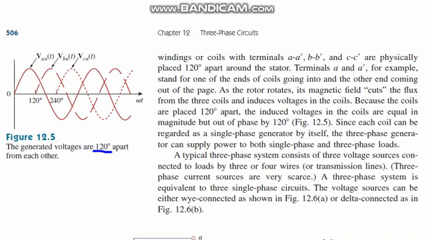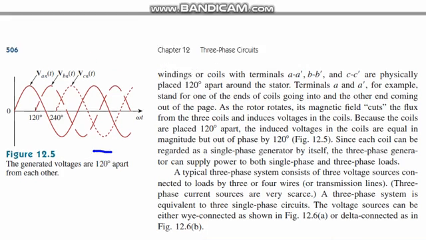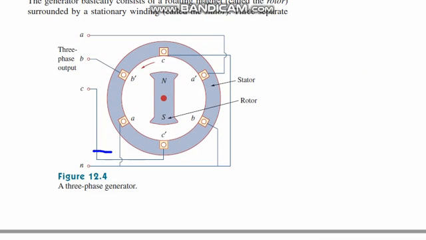Look at this picture: A dash, B dash, and C dash, these three are 120 degrees apart from each other.